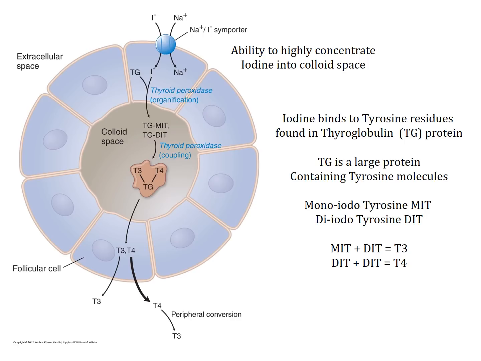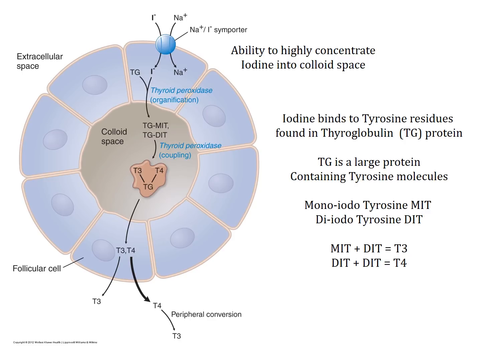TSH stimulates that transporter protein. You see that there's a protein on the cell membrane that places iodine into the cell, and that then moves that iodine into the colloid space. That is stimulated by TSH.